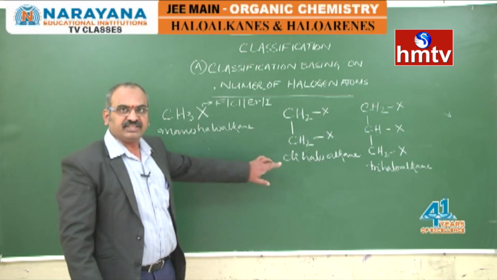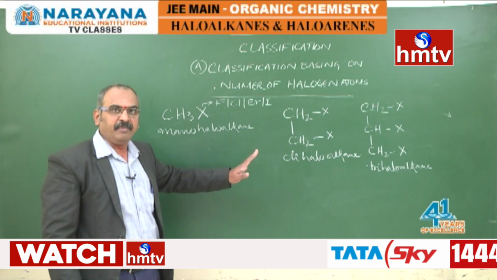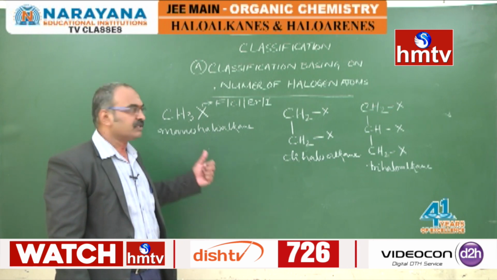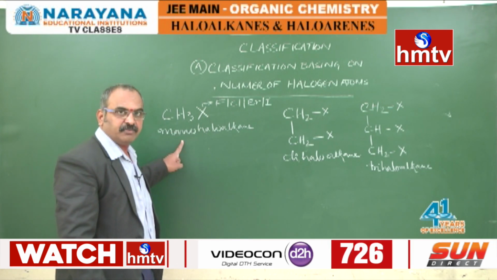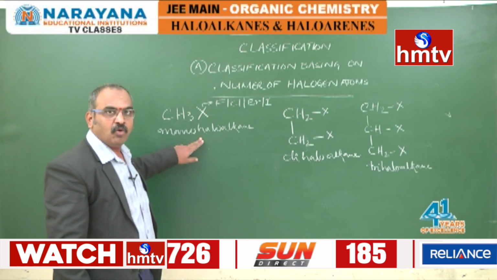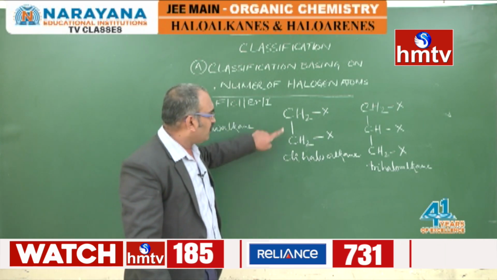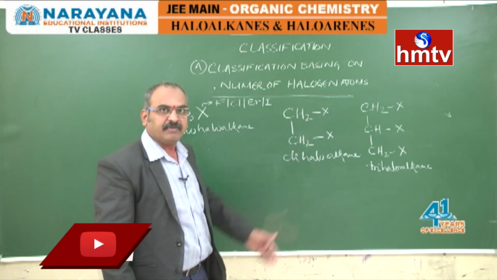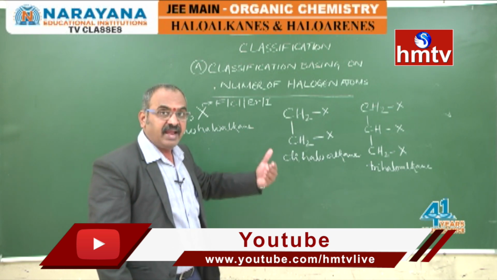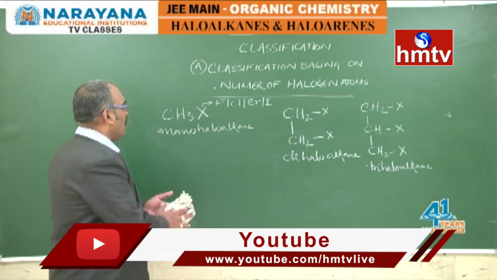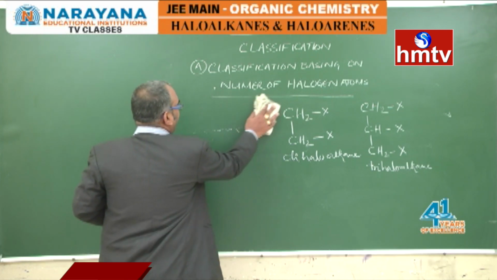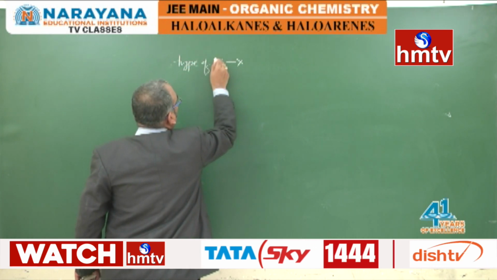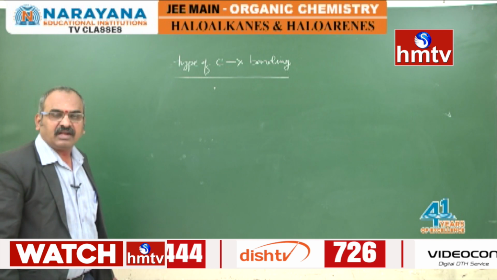So this classification is made on the basis of replacement of hydrogens with halogens: one hydrogen replaced by one halogen is monohaloalkane, two by two is dihaloalkane, and three by three is trihaloalkane.